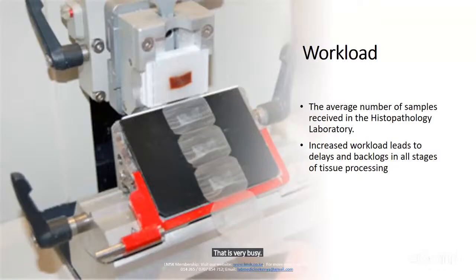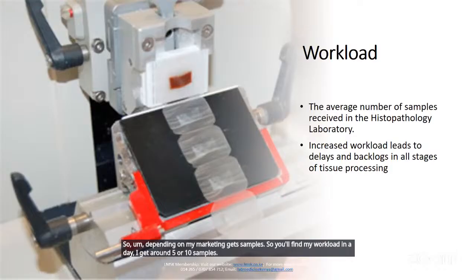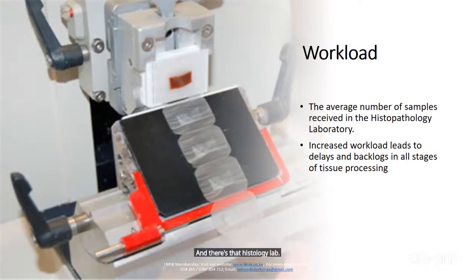My standalone lab doesn't have a theater, so I'm depending on my marketing to get samples. My workload in a day is around 5 or 10 samples. And there's that histology lab somewhere where the samples are an average of 60 or even 80 per day. That workload will affect the TAT. Of course, you cannot compare the two.